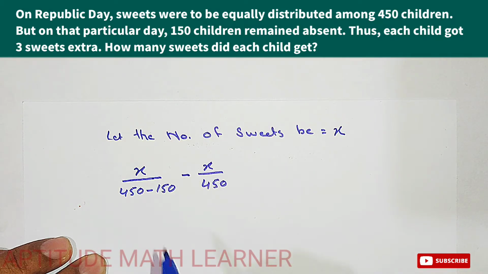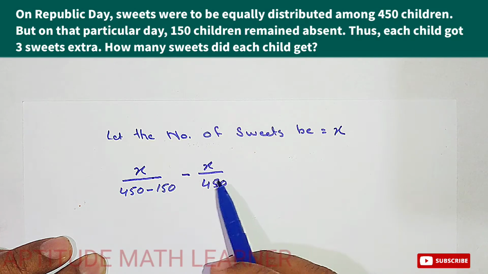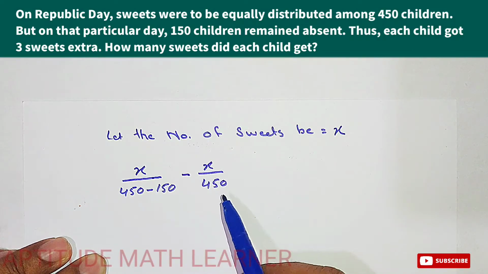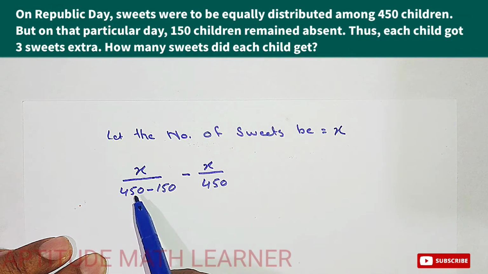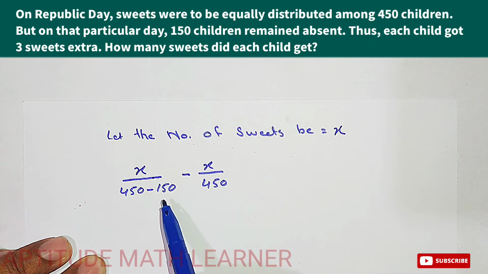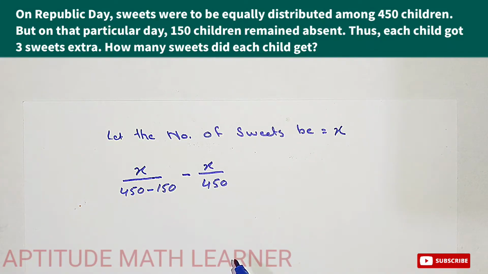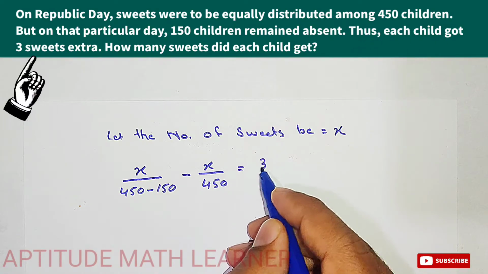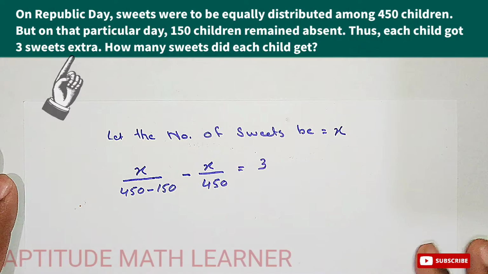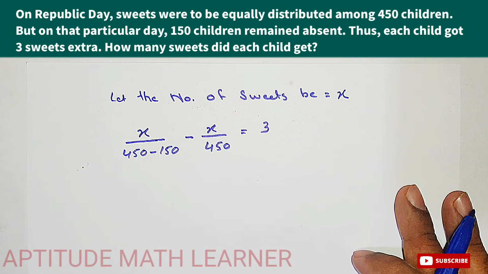At the starting there were 450 children among whom x sweets had to be distributed, but unfortunately from 450 children we have just subtracted 150. So it will be clear in the next step. Now we have the difference in sweets, that is 3.